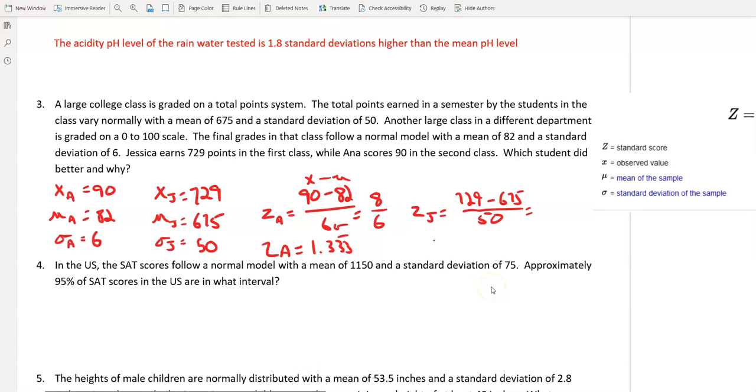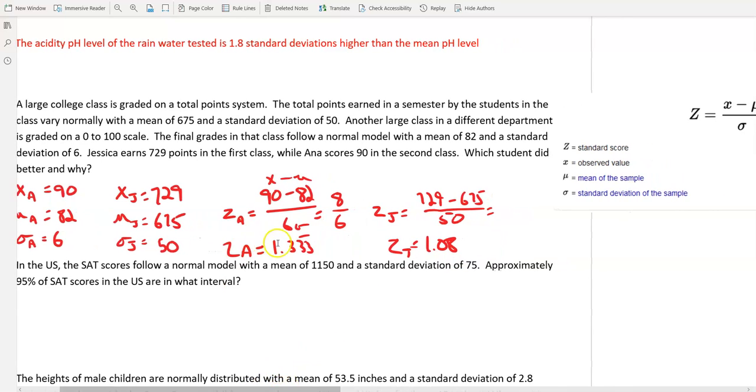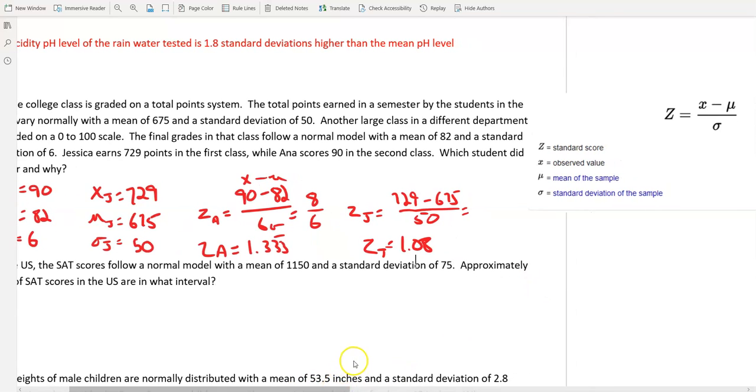So Jessica's z-score is 1.08. So that means that Anna scored 1.33 standard deviations above the mean, and Jessica scored 1.08 standard deviations above the mean. And so our conclusion here would be that Anna actually scored better relative to her test than Jessica did.